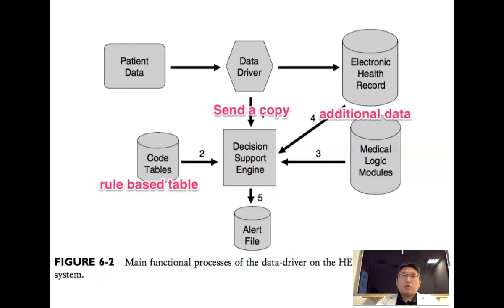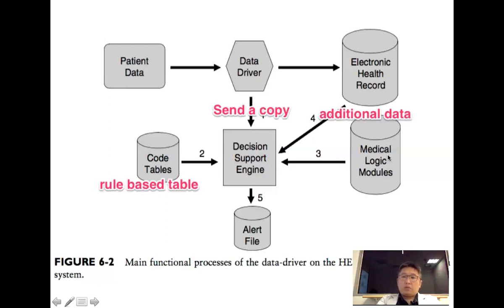So what is the difference between the code table and the MLM? I think the code table is kind of a lookup index. The code table will call the MLM, so they work together. It's just the index table. For example, if you know this is a creatinine, the code table checks, oh okay, this is electrolyte, then it knows it's creatinine.